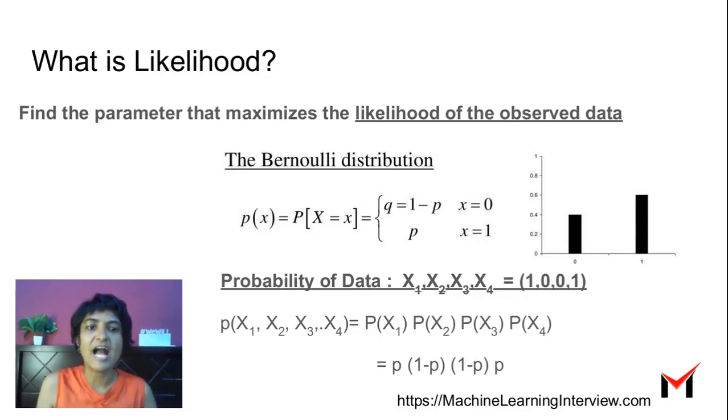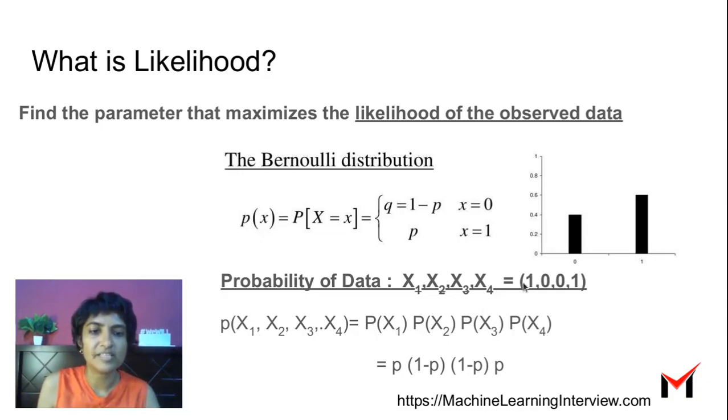So suppose you have 4 coin tosses and you saw heads, tails, tails and heads, which can be denoted by 1, 0, 0 and 1. So what is the likelihood? Let's compute. So probability of x1, x2, x3 and x4 is probability of x1 into probability of x2 into probability of x3 into probability of x4.